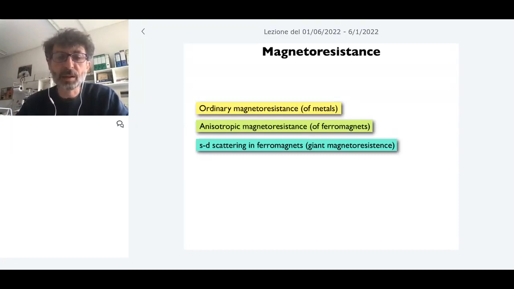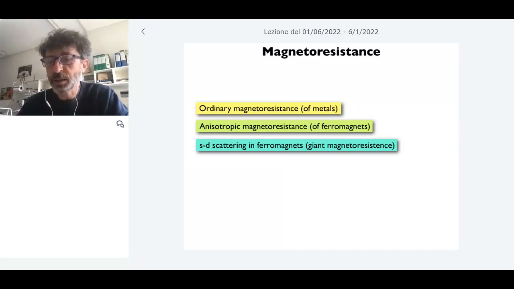The third effect, which I called here SD scattering in ferromagnets, has to do with a completely different effect that is called giant magnetoresistance. This is quite a famous effect because the discovery of giant magnetoresistance was awarded the Nobel Prize in 2007.